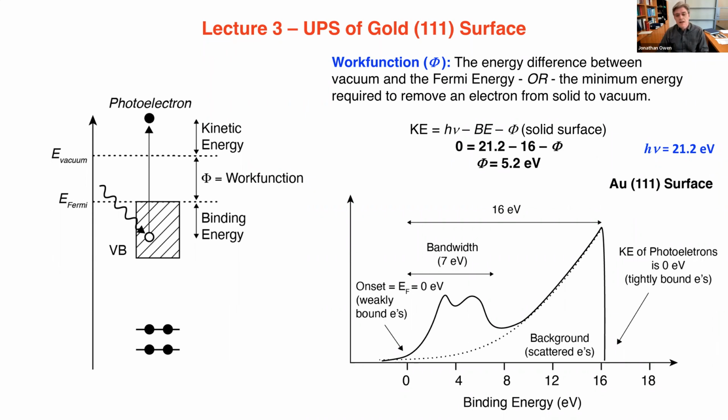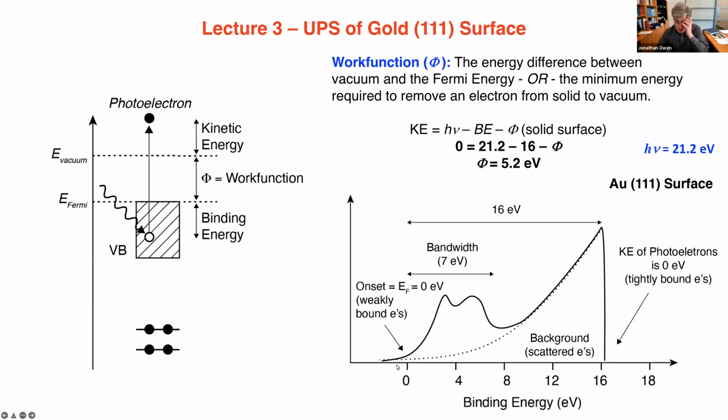Any deeper than that, you don't get any more photoelectrons, and the spectrum suddenly truncates. So under that assumption, you set this to 0, you measure this width here of 16 electron volts, and you determine the work function of this sample being 5.2 eV.